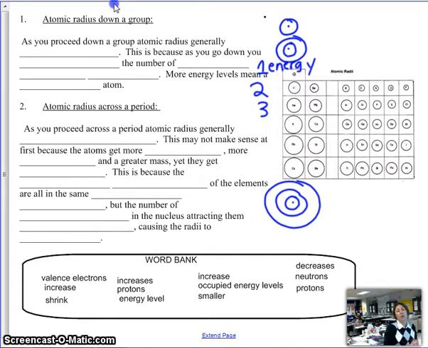You get more neutrons, but you're getting smaller. And the reason you're getting smaller, even though you're getting more protons and more neutrons, is because the valence electrons are all in the same shell. But your number of protons in the nucleus attracting them increases, which causes the radii to shrink.